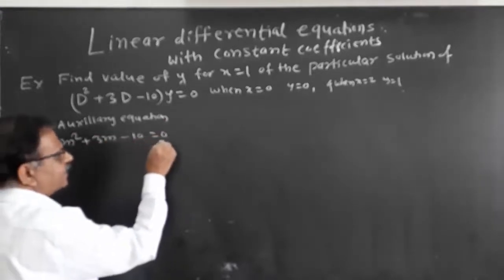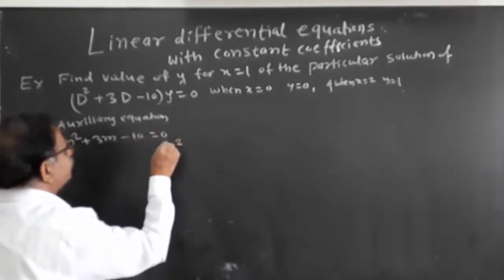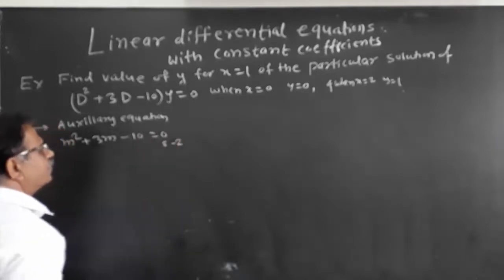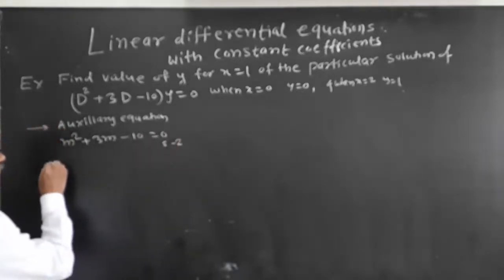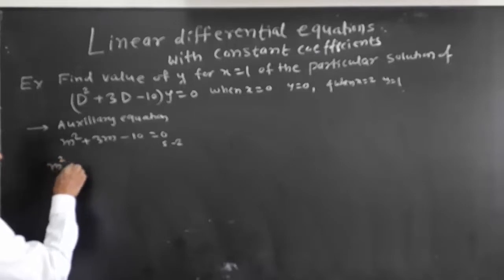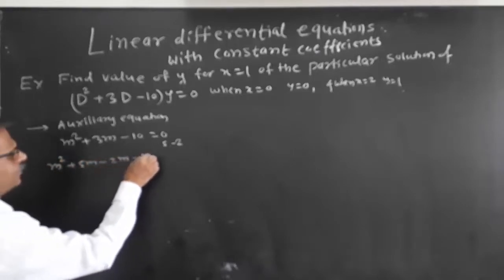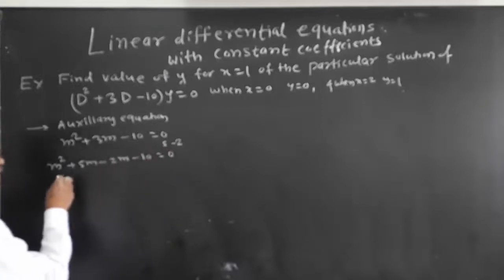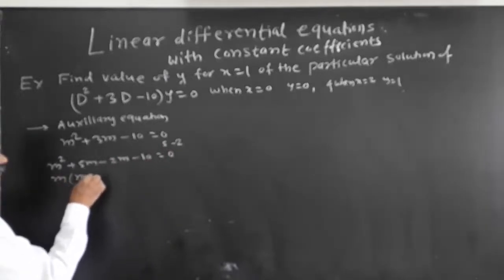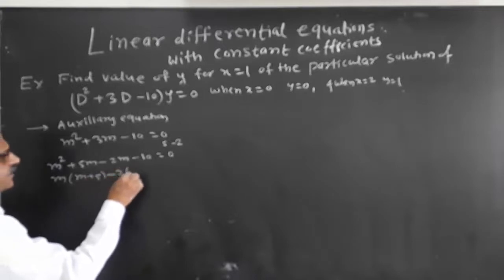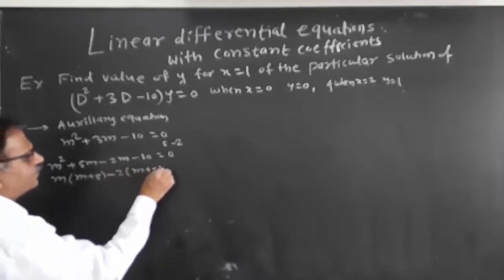Here 10 has the factors 5 into 2, so that 5 minus 2 equal to 3. Therefore, m square plus 5m minus 2m minus 10 equal to 0. M is taken common, m plus 5, minus 2 is taken common, m plus 5 equal to 0.